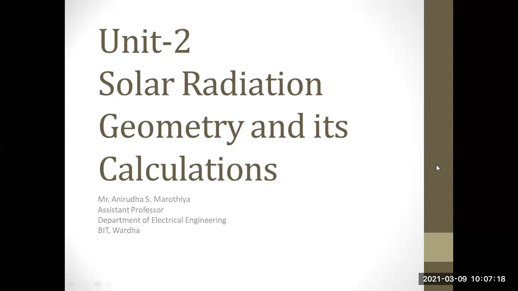Then unit number 2 deals with the concept of solar radiation geometry, its calculation, then how to collect solar radiation using different collectors, and finally we are going to learn in detail about the applications of the collected solar radiation, maybe direct or indirect.